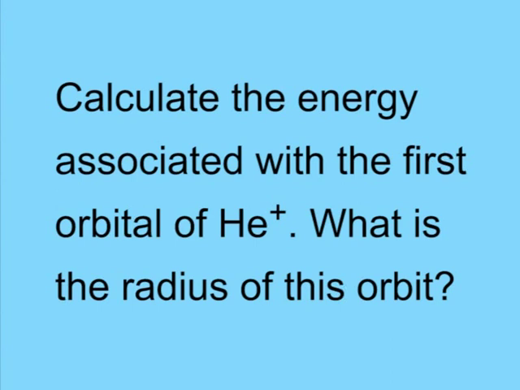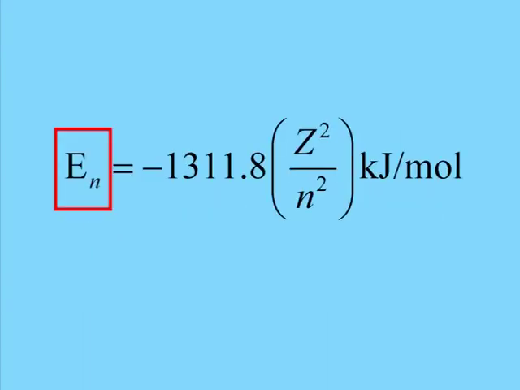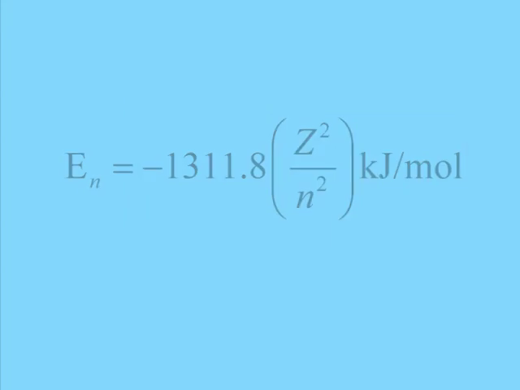Let us solve one numerical. Calculate the energy associated with the first orbital of monopositive helium. What is the radius of this orbit? Solution. En is equal to minus 1311.8 into Z square upon n square kilojoules per mole.